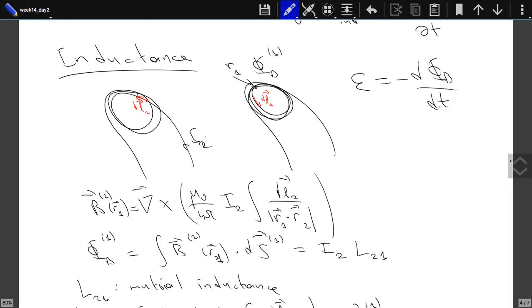Well, you see, flux changes almost instantaneously. If flux changes almost instantaneously, then there will be an EMF created almost instantaneously. Again, I underline the words almost instantaneously.